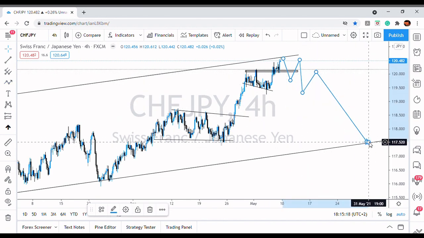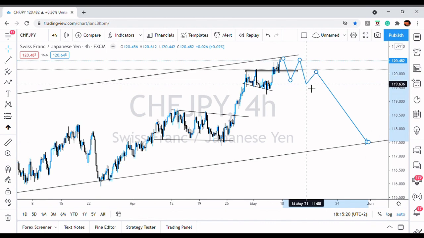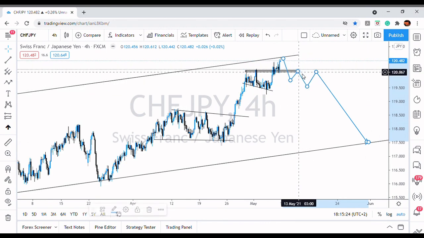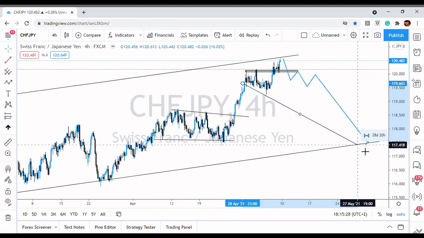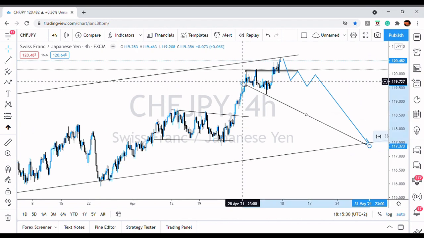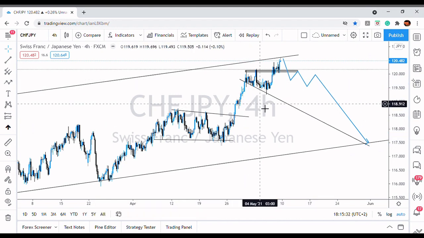Then something like this, breakout, then retest, probably correlate with this. We might have something like that. All right, so that is something to expect.